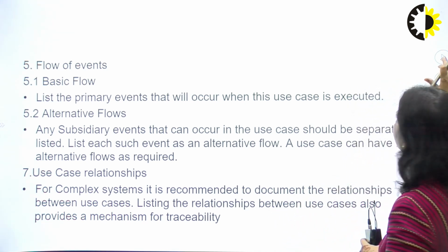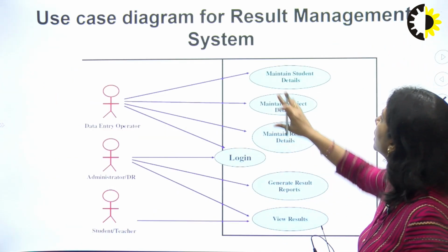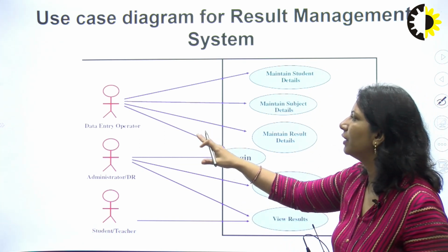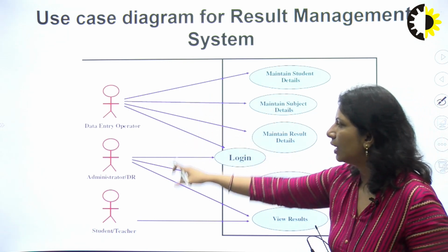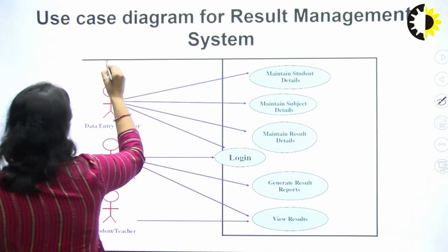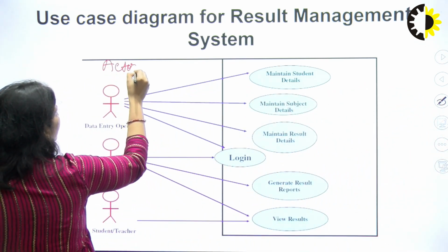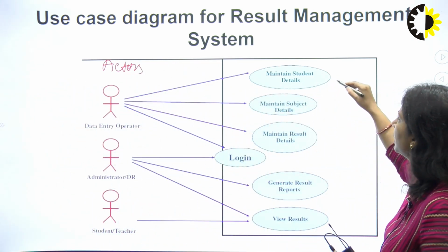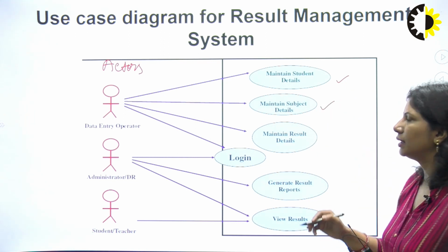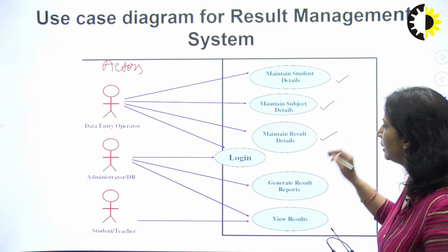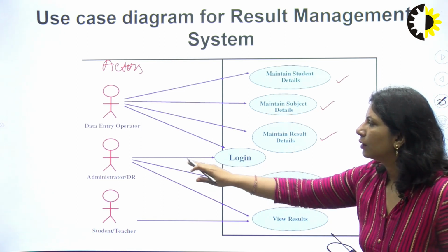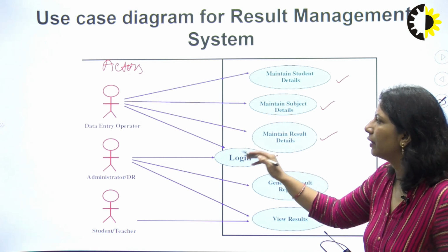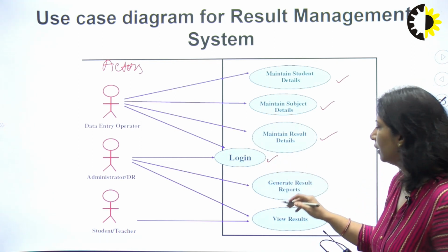And we will present the use case relationships. Look at this diagram for the same result management system, which will have a data entry operator. These are the actors, and these are the use cases, like maintain student details, maintain subject details, maintain result details. Here the administrator or the deputy registrar will be using the login, and the data entry operator is also using the login, right?